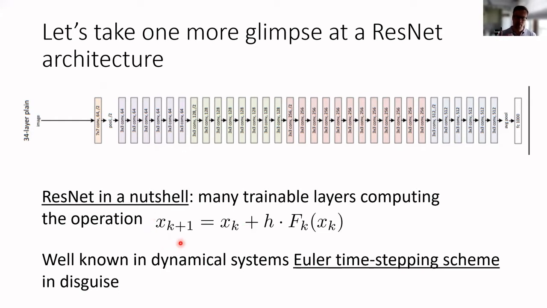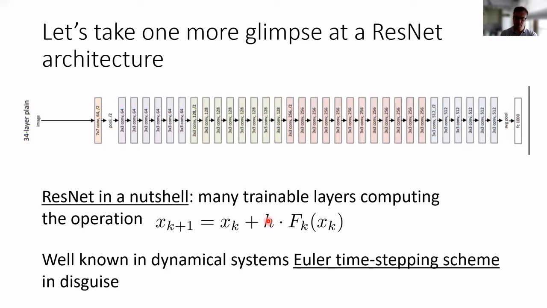You iterate this operation where you take the previous iterate and you add some value which is computed using trainable weights in the given layer. K is a layer index, and you multiply it times something small, to avoid exploding gradients, for example.